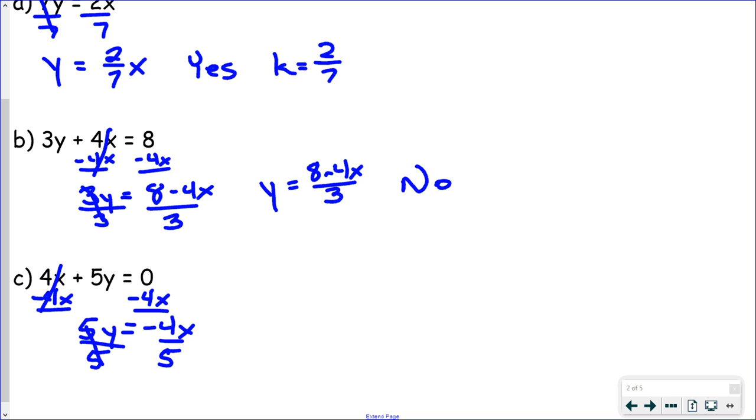What I end up with is y equals negative 4/5 times x. So the answer is yes, this is in the form of a direct variation, and the constant of variation is negative 4/5. All right, let's move on.